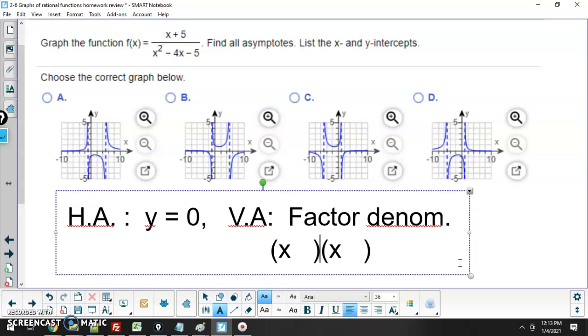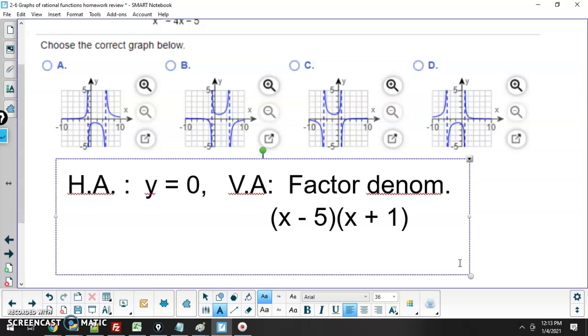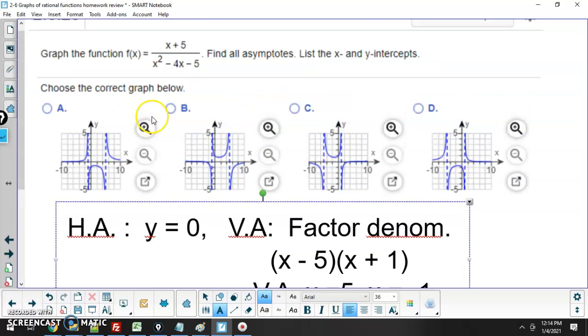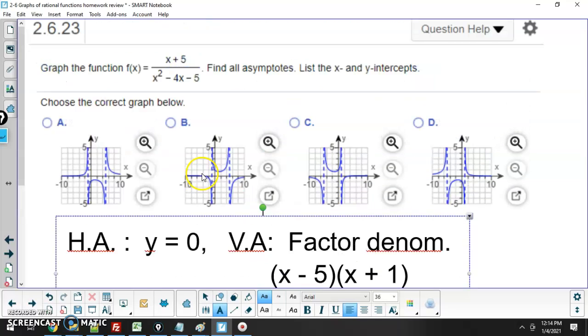The signs have to be different to give you minus 5, and you have to have more negatives, so it'd be minus 5 and plus 1. Now that is factored correctly. Then from there we can say that we have vertical asymptotes at x equals 5 and x equals negative 1. So no holes in this graph.